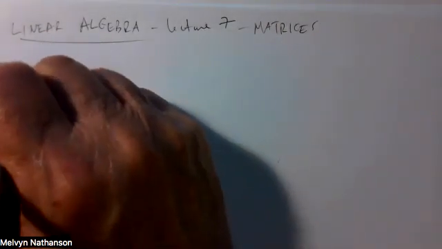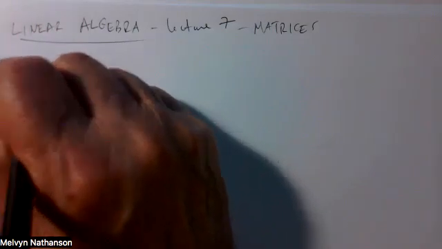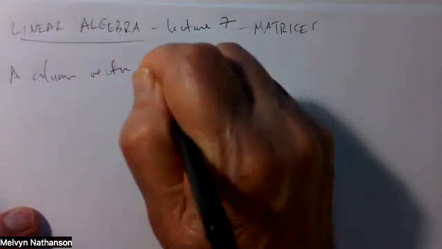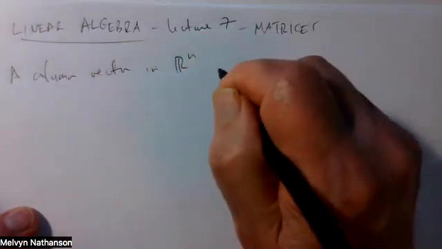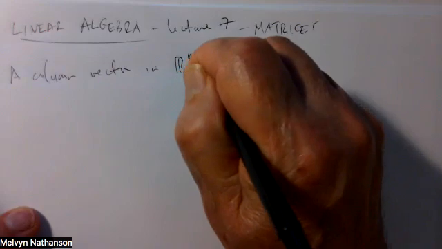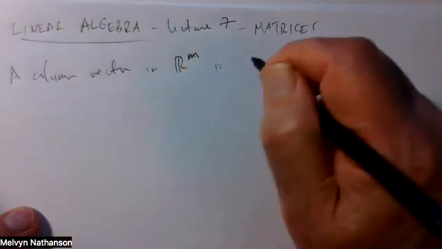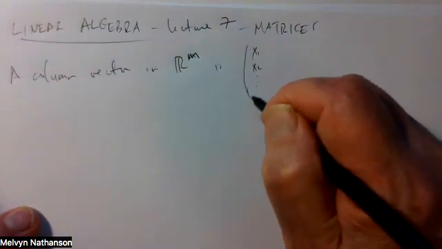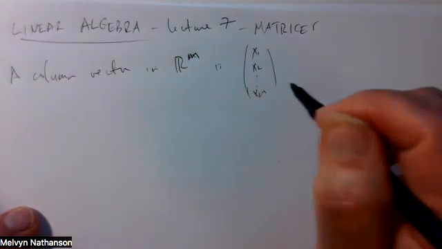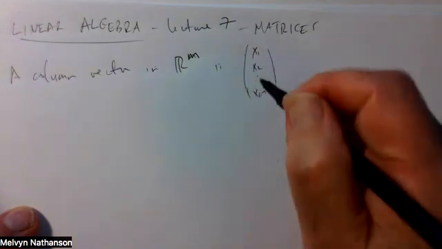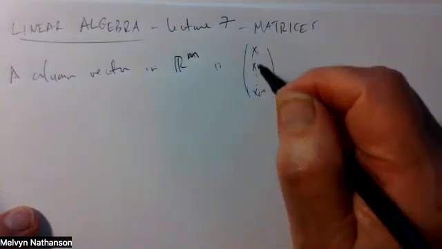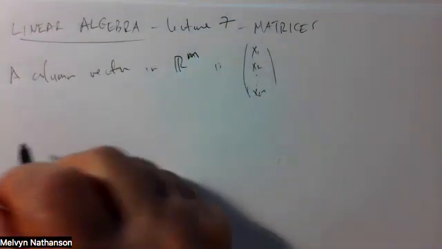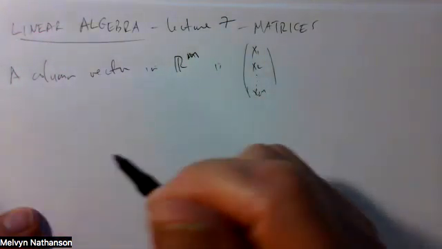If you think of a column vector in Rn, or maybe I should say Rm, it is a column with m numbers, x1 up to xm. So here we have one column. You can think of this as m rows, but just one column. And we generalize this to a matrix.